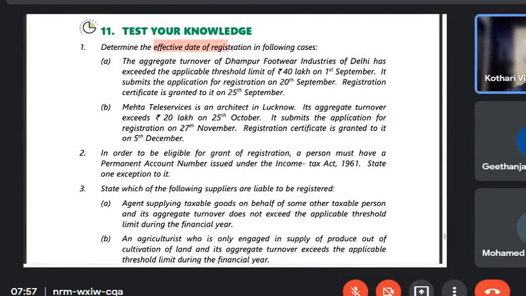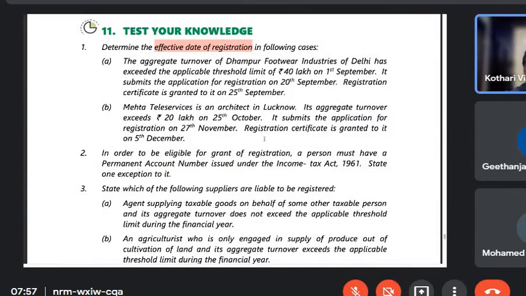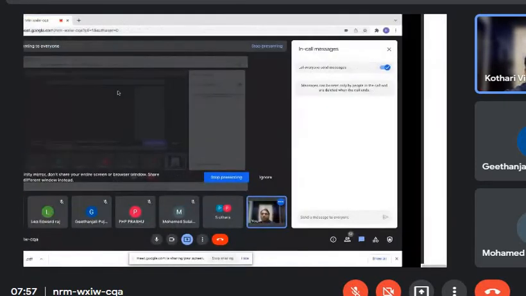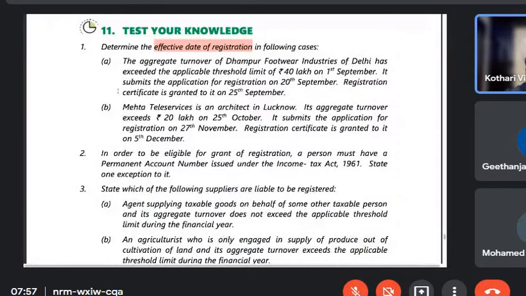Determine the effective date of registration. So from the first question, tell me what is the effective date of registration. I want you to type the answer in the chat box. What is the effective date of registration in case of question A?